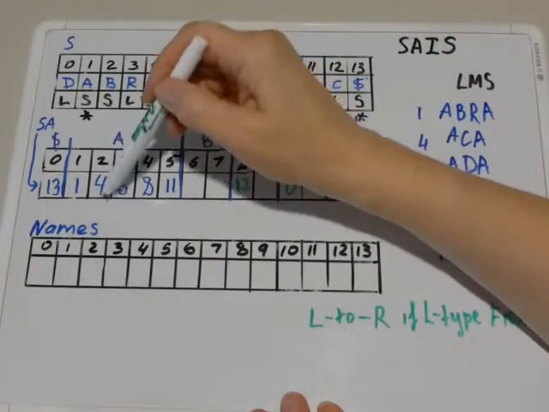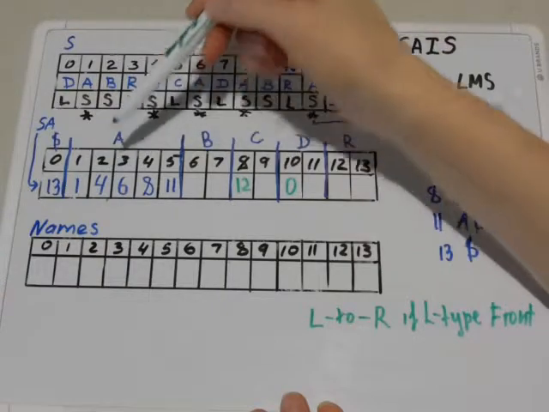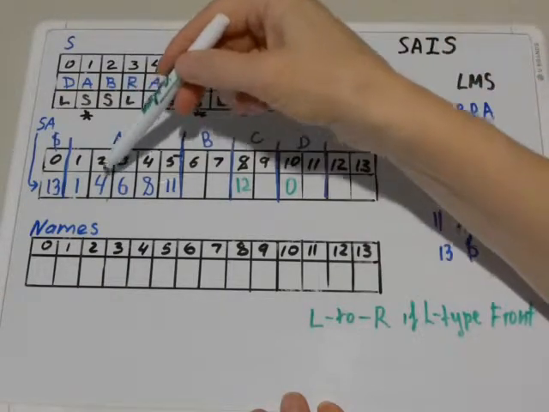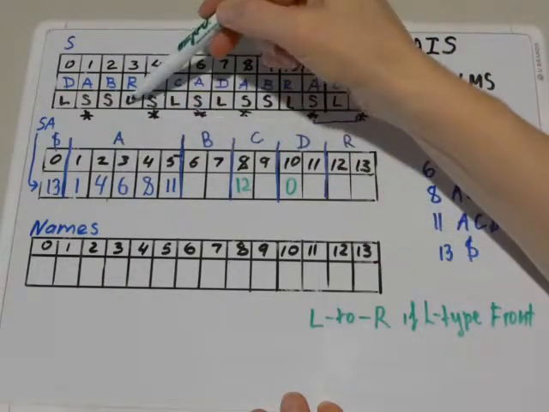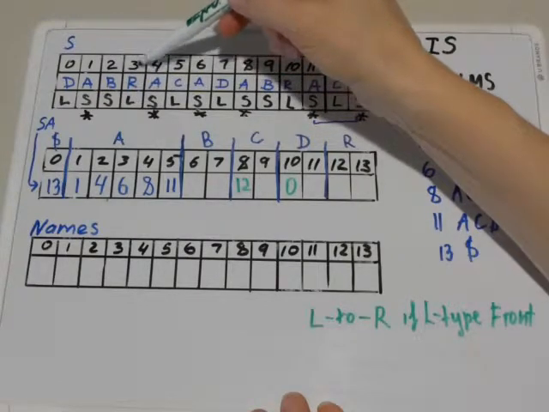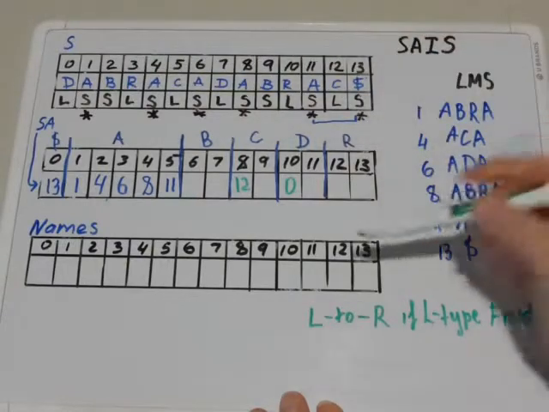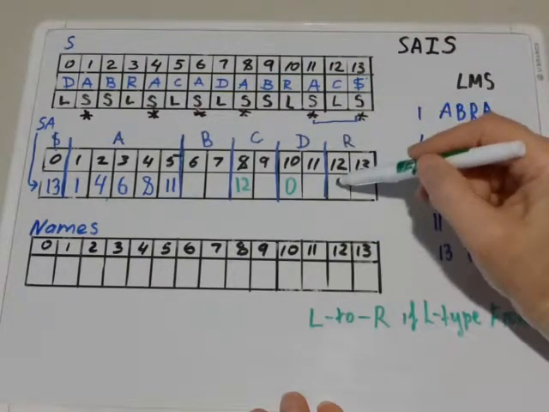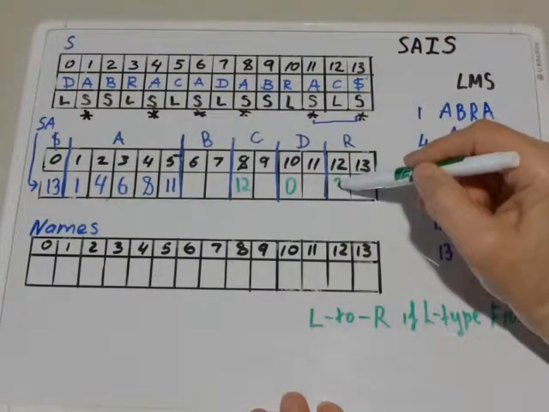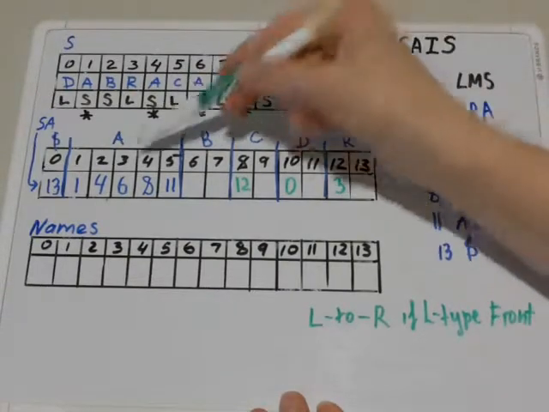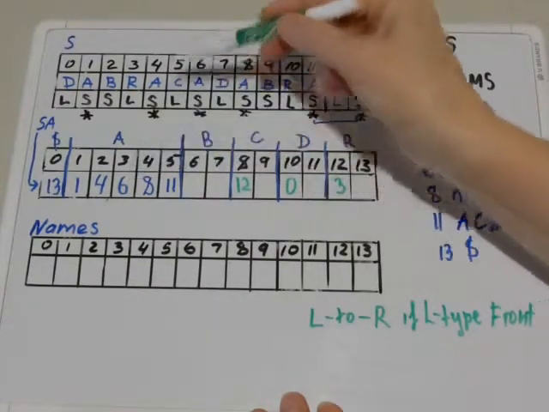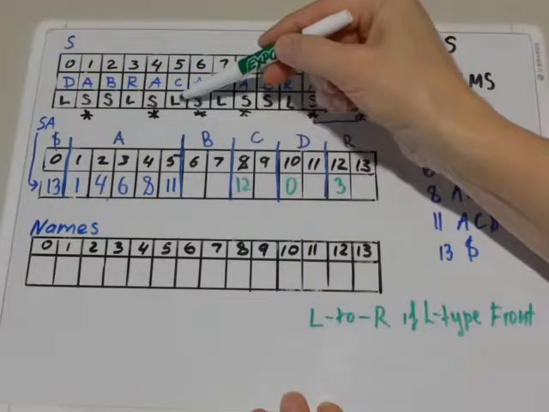Next one is this 4. 4 minus 1 is 3. 3 is L type, it is R. Put position 3 in the R bucket at the beginning of the bucket. 3 goes right in here at the beginning of the bucket. 6 minus 1 is 5. 5 is L type.